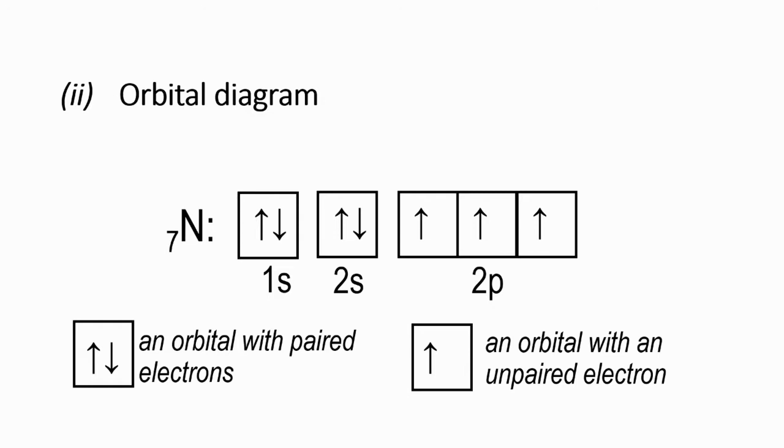Therefore, 1s has 1 orbital, 2s has 1 orbital, while 2p has 3 boxes, each representing the 2px, 2py, and 2pz orbitals. The arrows represent electrons. The different directions of the arrows represent the different spins of the electrons.